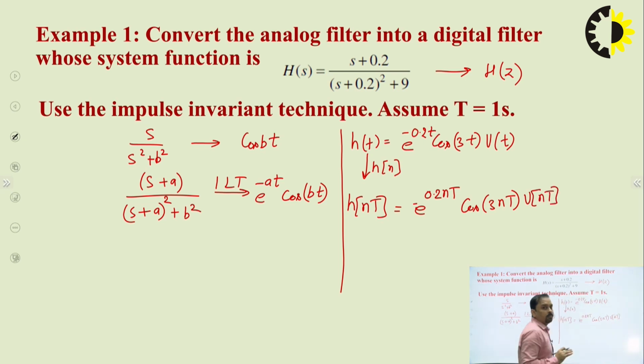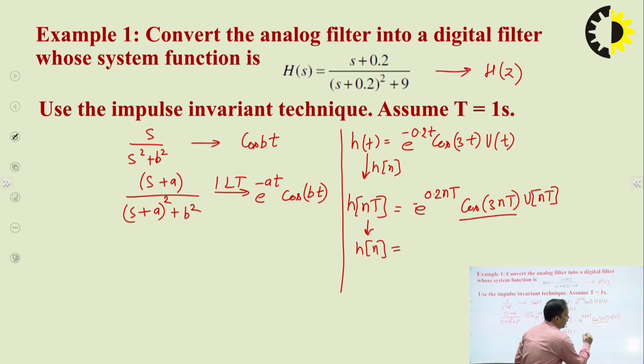In the next step, convert this cos of 3nT into the exponential form, e raised to power j3nT plus e raised to power minus j3nT, divided by 2, and we'll have the impulse response h of n.